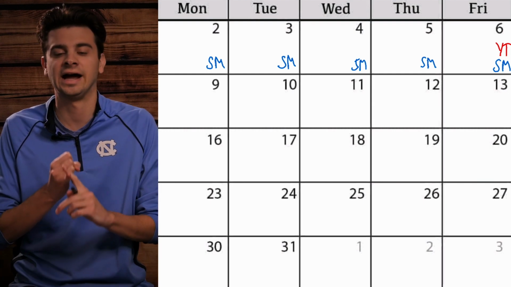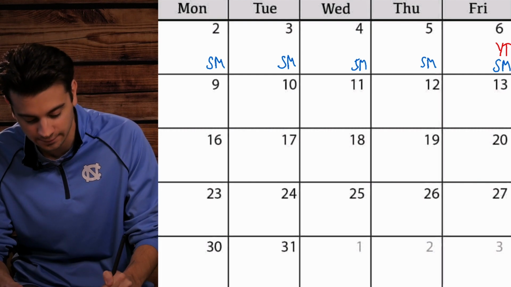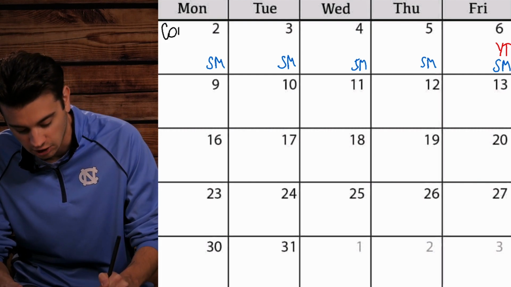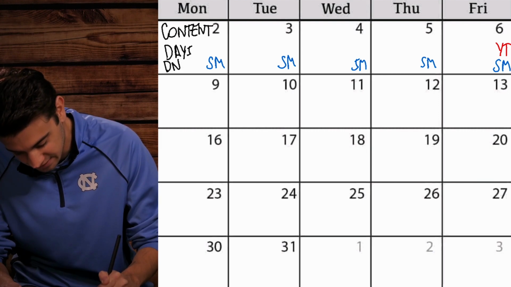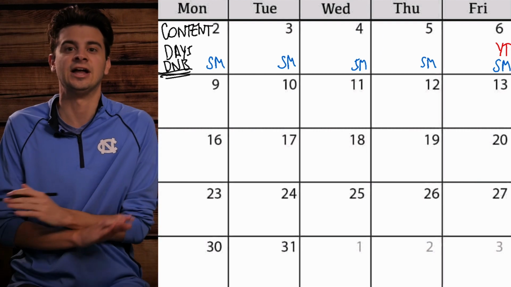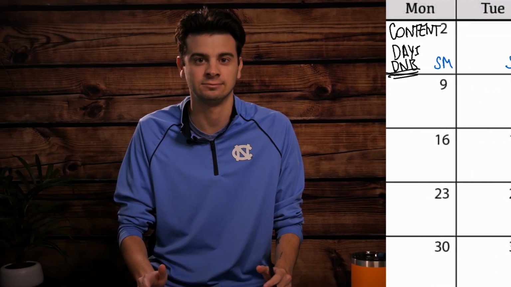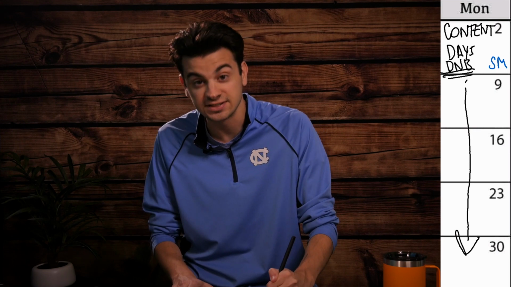You're gonna go to your Google Calendar, your team meeting board, whatever, and you're going to tell them Mondays are content days. Do DND, do not disturb, underline it a few times, and nobody is allowed to bother you on that day. And it will be like that every single Monday, every single month.